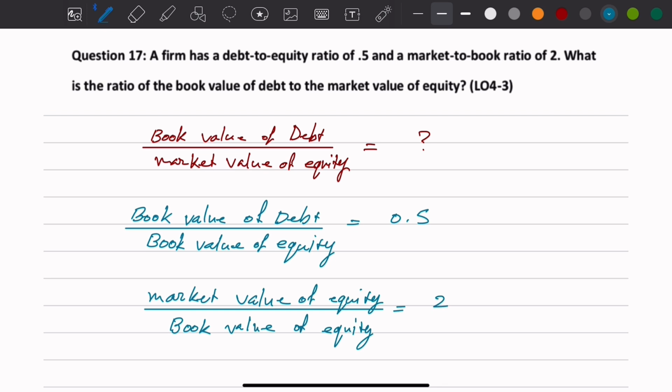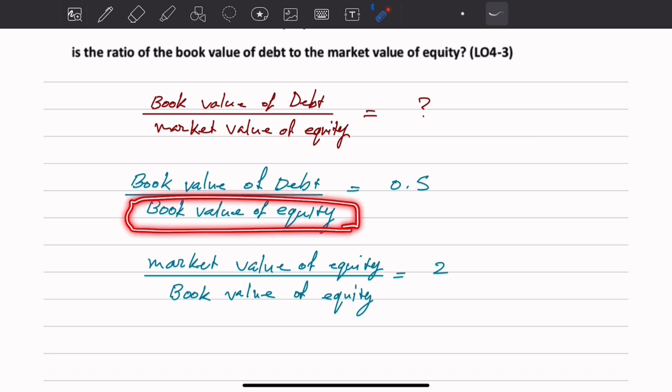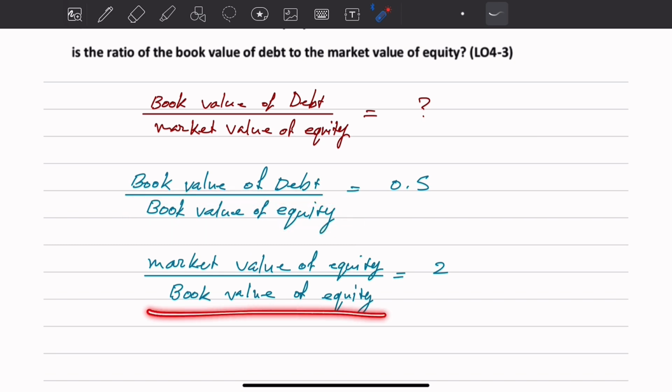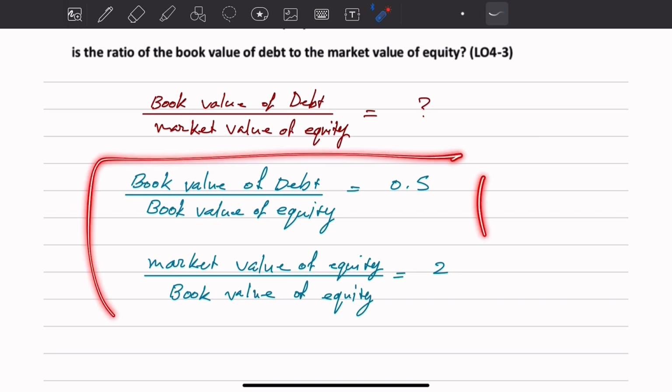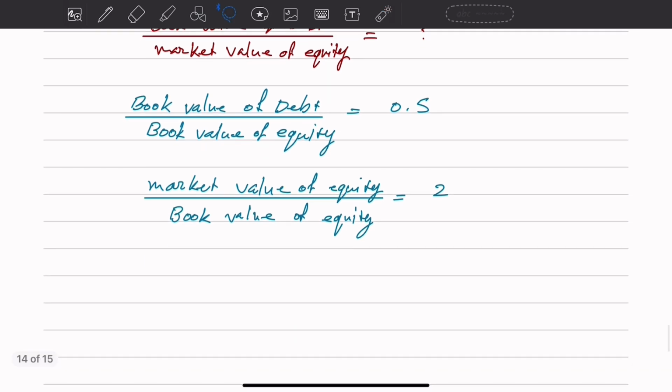All right. Now notice something. Both of these ratios have the same denominator, right? So the book value of equity here in the denominator and book value of equity in the denominator for the second ratio that we already have the values for. So we can divide these by each other, and that will allow us to eliminate this term from both fractions.